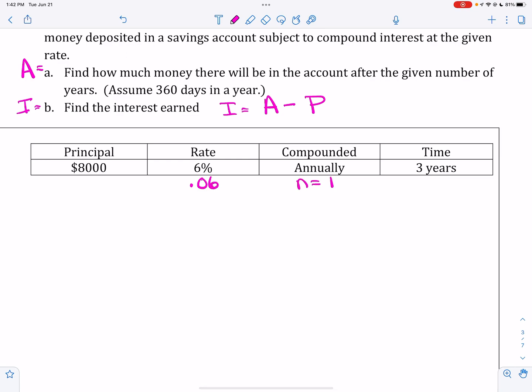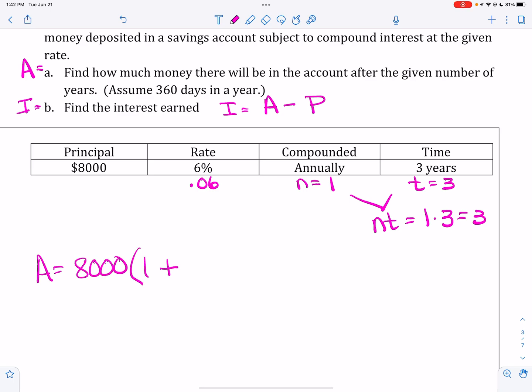I write my N as 1, my T is 3, and then I write N times T, which is also 3. So now I write my formula. 8,000, 1 plus 0.06 divided by 1 raised to the third power.